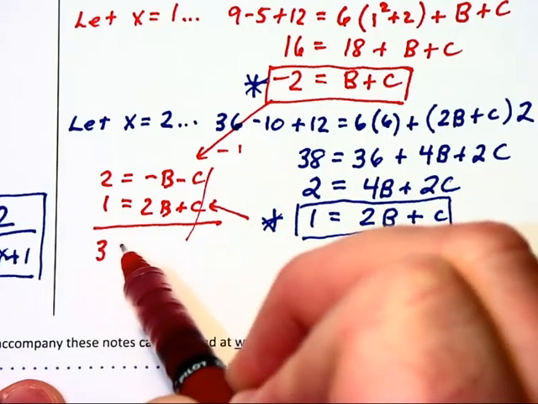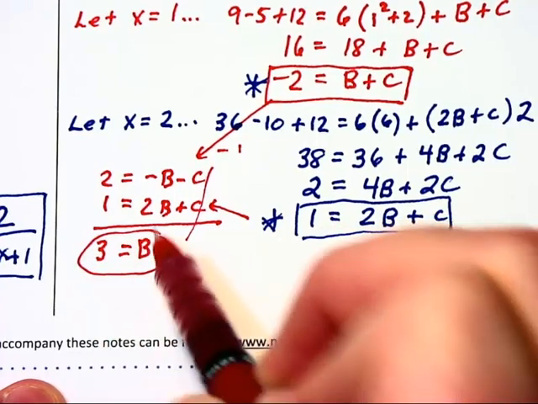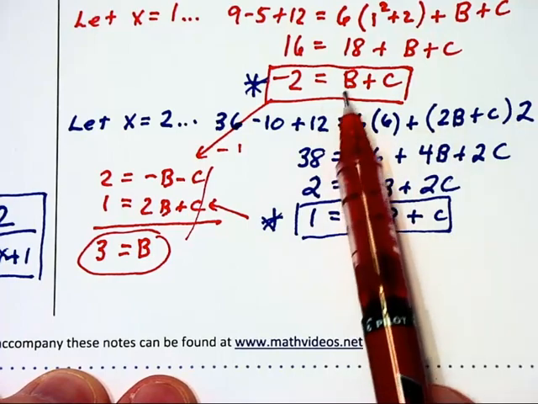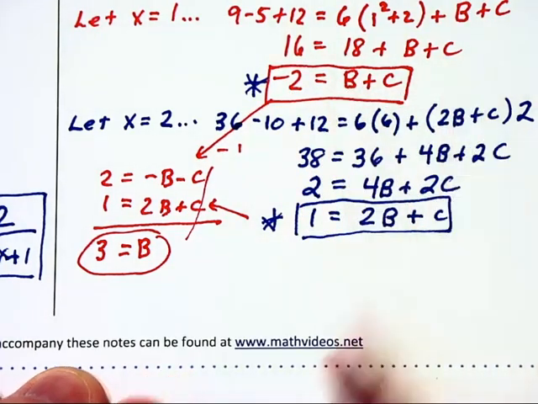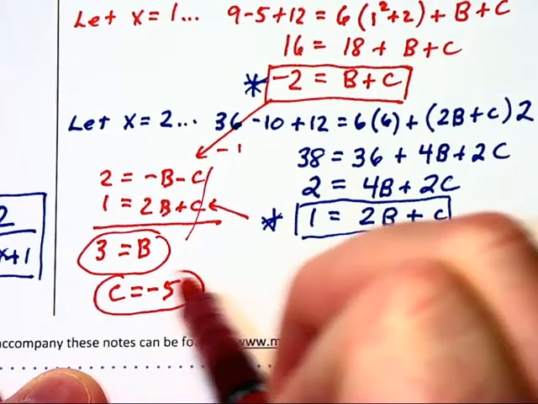I get 3 equals B. So there's my B equals 3. And if I substitute that into one of these, let's go with this B plus C equals -2. 3 plus C equals -2. That means that C is equal to -5.